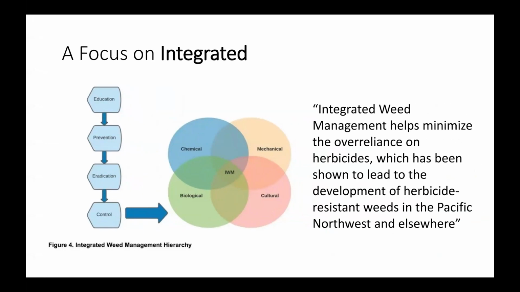And so in our plan, these images and quote are taken directly from our weed management plan. There's a focus on integrated. And so what does integrated weed management mean? There's a lot of different tools out there for management efforts. And it really starts with education and prevention.